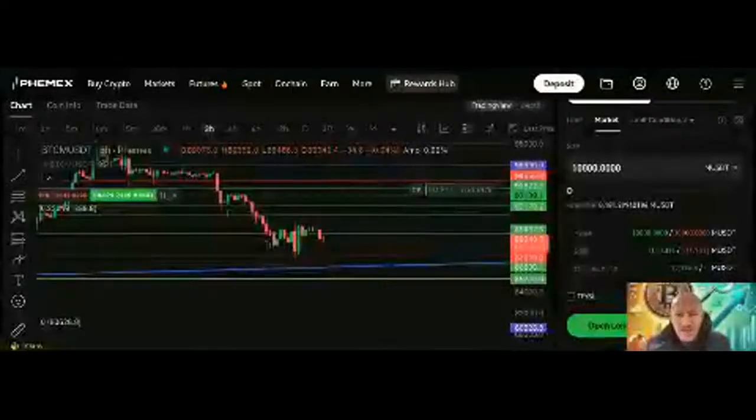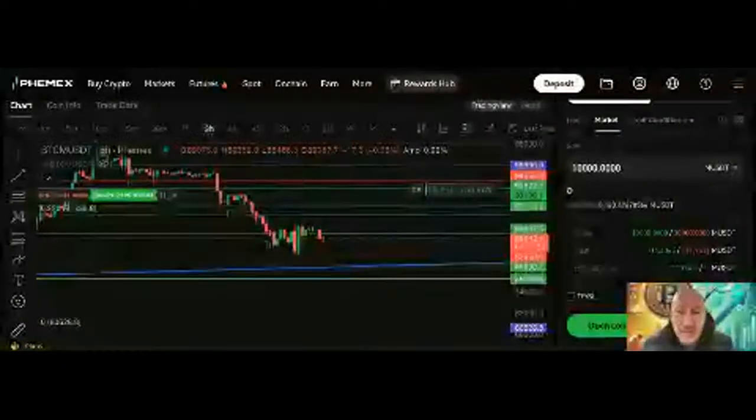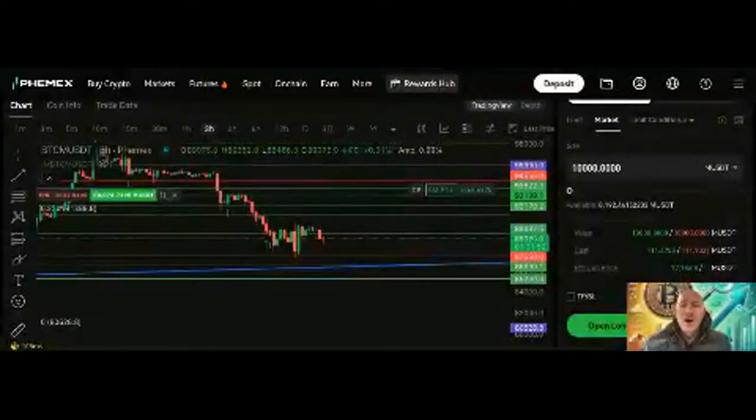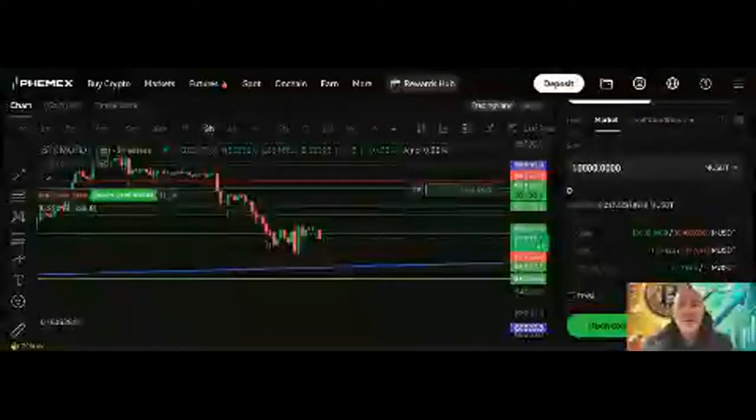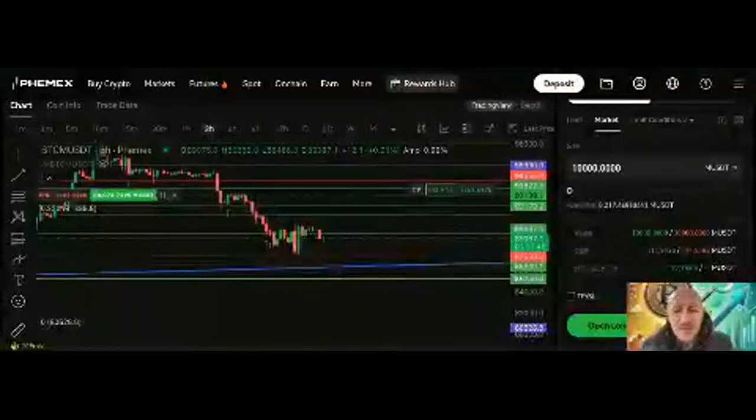And get this, try to wrap your head around this. 19,750,000 coins are in circulation.